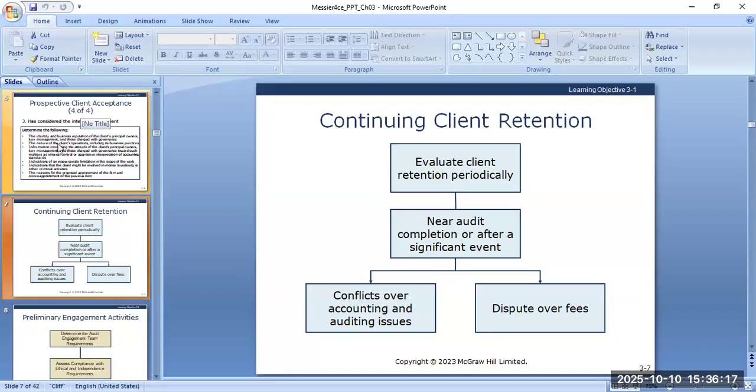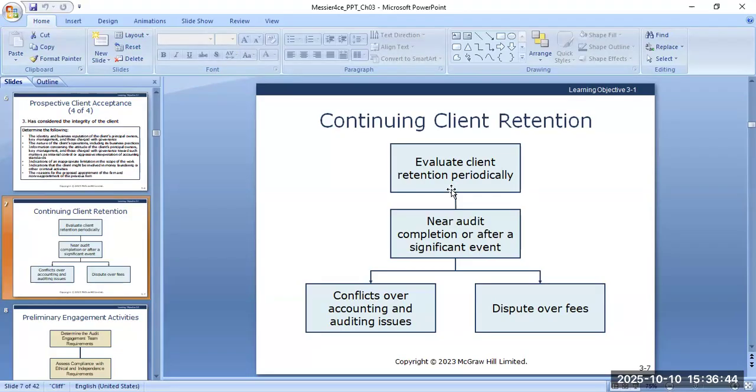So basically the first applies when we have a new client. Before accepting the new client, we have to assess all those activities. Now if we continue with a client that we already did an audit for last year, first we have to evaluate our retention. Are we still independent?